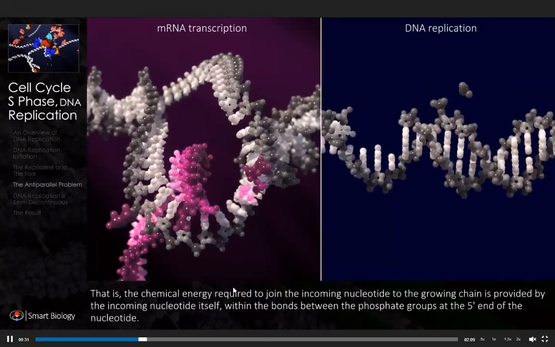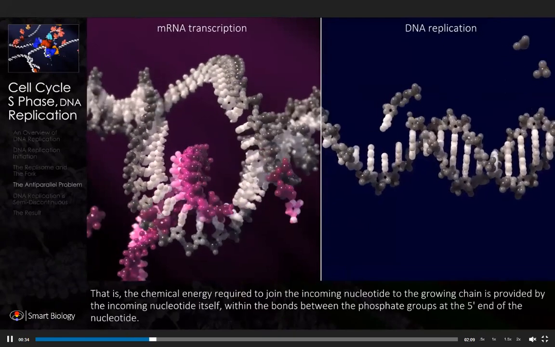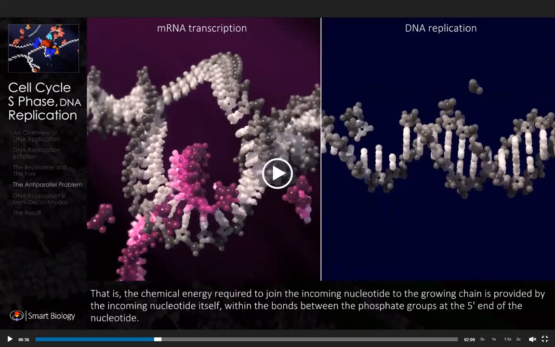So the chemical energy that is required to join the incoming nucleotide to the growing chain is provided by the nucleotide itself. Remember, we have the ATP or the GTP or the CTP, whatever nucleotide is coming, it has the phosphates.